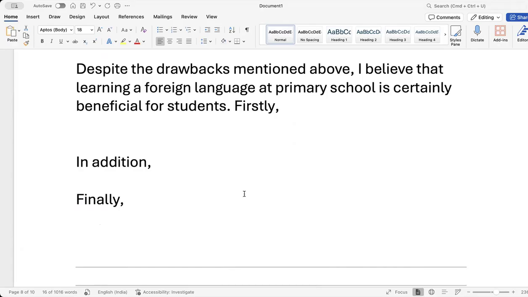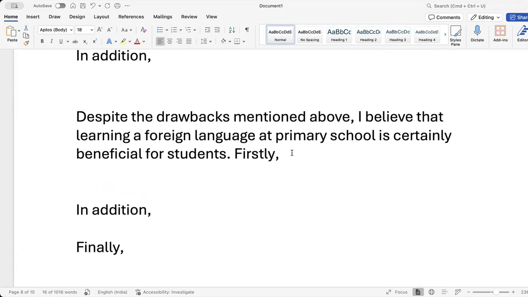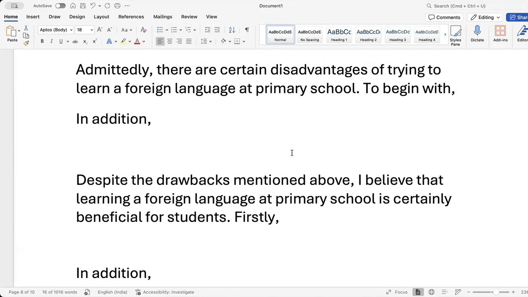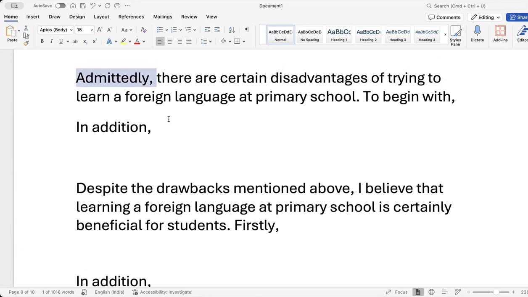Sir, in any paragraph, if we are starting the second point of our essay, you said a connector for admittedly. Not admittedly, apart from this.